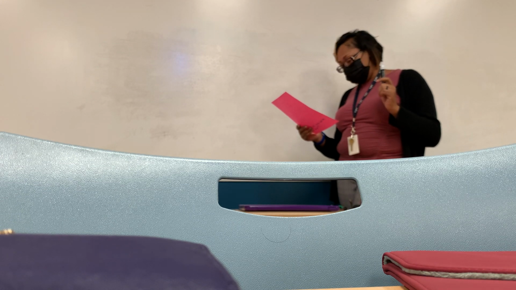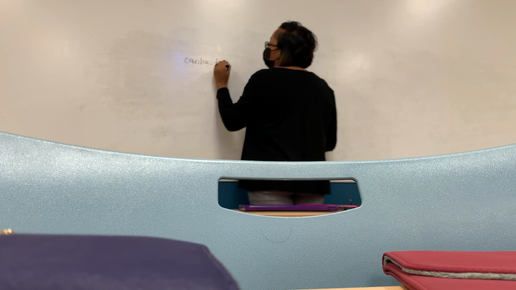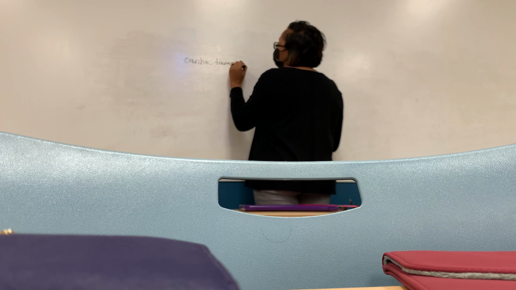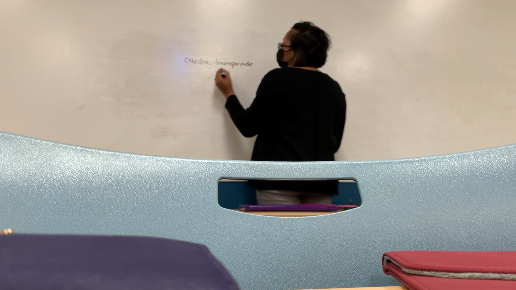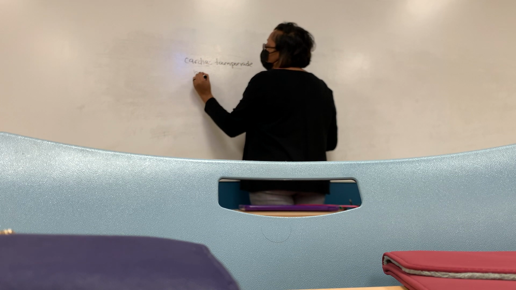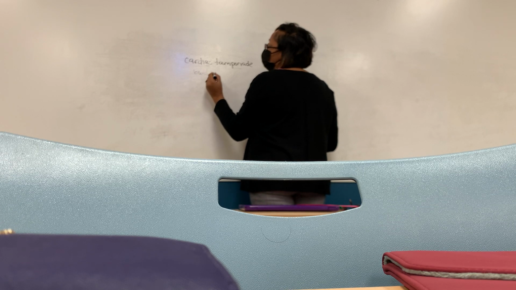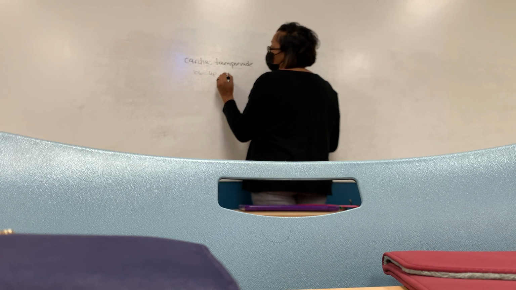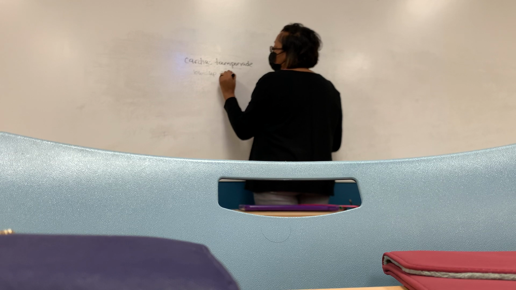What is a cardiac tamponade? That is a build up of blood or fluid around the heart that doesn't let it beat.